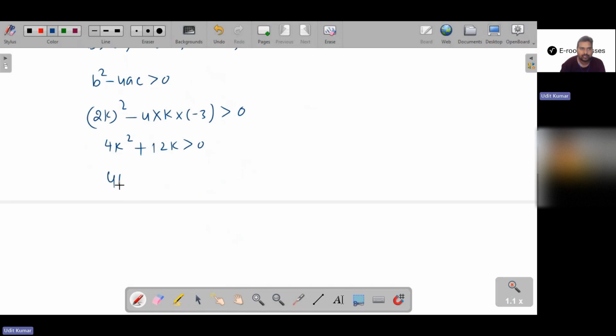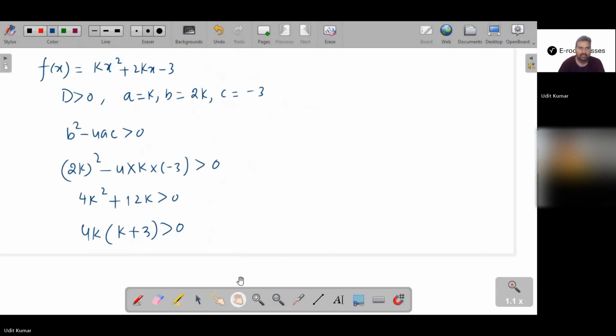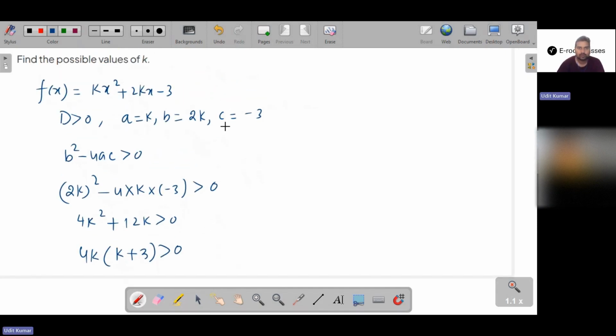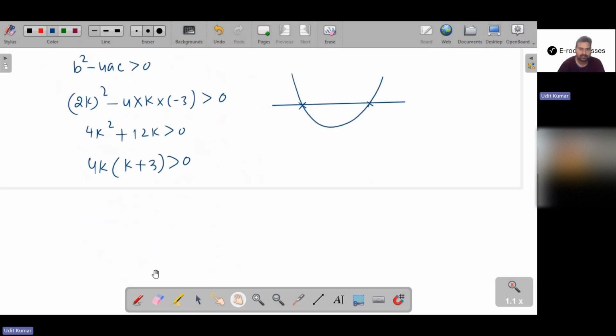And if you take 4k out, you will get k plus 3 greater than 0, right? And for this quadratic, if you draw the x-axis, the graph will be like this. So you have to find these two critical points that you can find by equating it to 0.